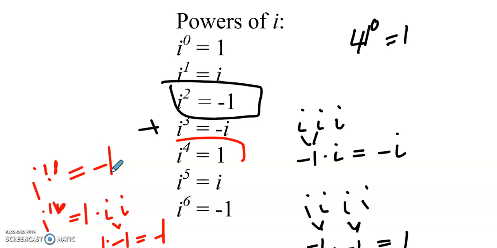Okay, let's look at another one. i to the 33rd. Okay, well, what can I get sets of 4? So 4 goes into 33 how many times? If we think about it, it goes into it 32 evenly, so that's 8.